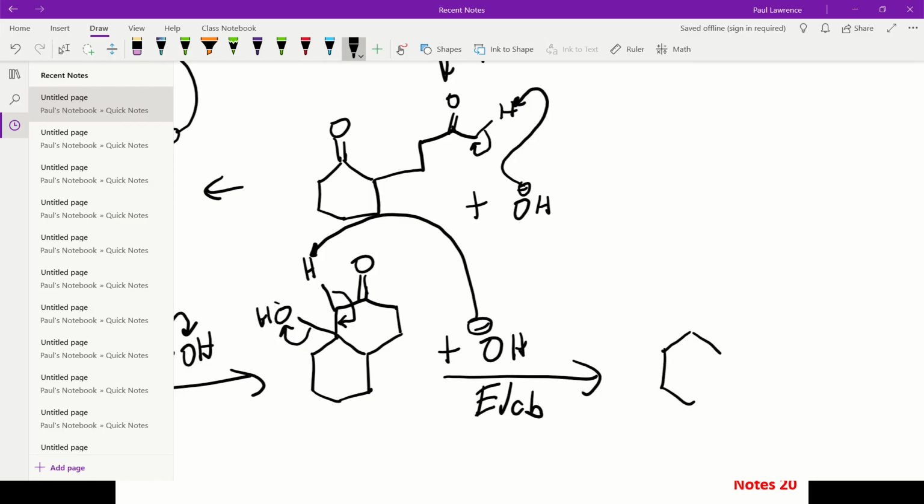And now we have made our alpha, beta unsaturated ketone. Voila, there it is. And that's how it happens.